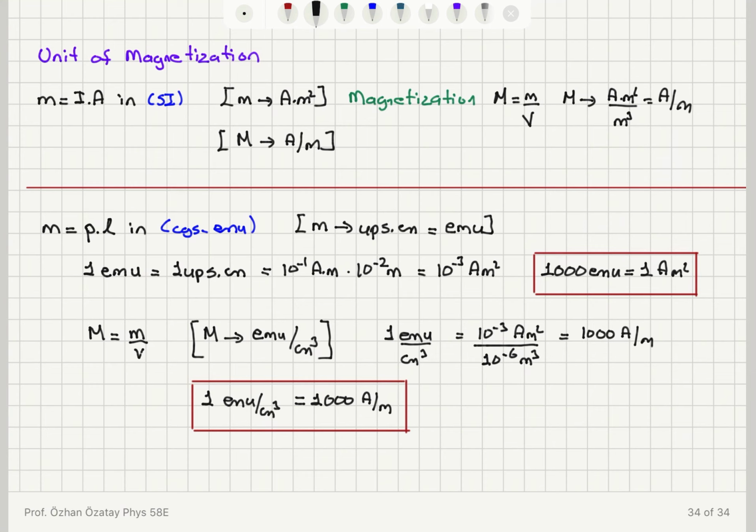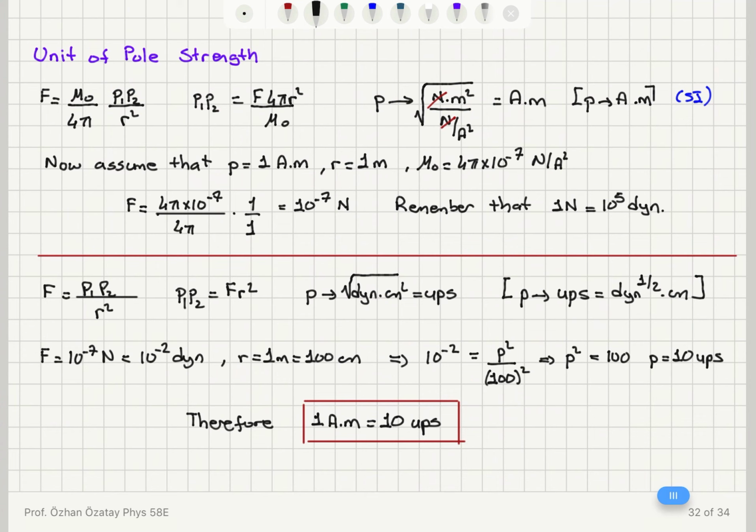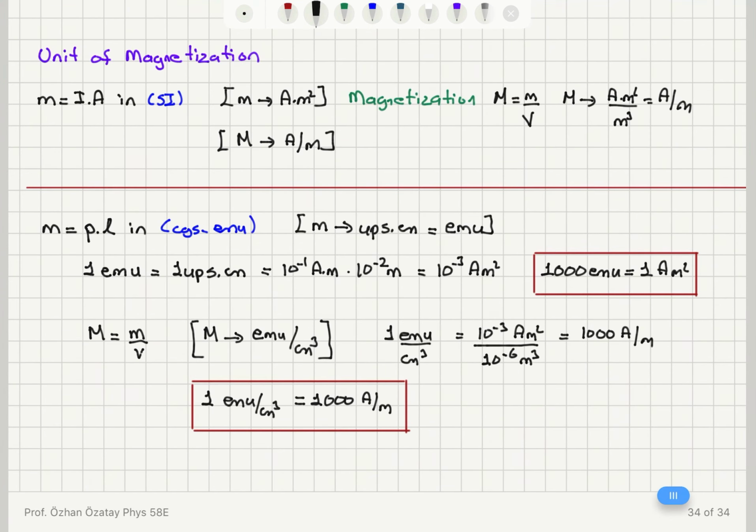And 1 unit pole strength is 10 to minus 1 ampere meter. So if we go back here, 1 unit pole strength is 10 to minus 1 ampere meter, and 1 centimeter is 10 to minus 2 meter. So 1 EMU is 10 to minus 3 ampere meter square, or 1 ampere meter square is 1000 EMU.